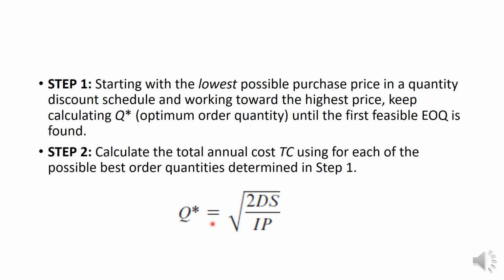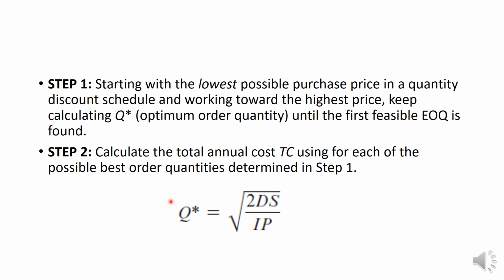The formula of the EOQ is 2DS by IP. D is total yearly demand, S is the order cost, I is the percentage of the holding cost in terms of price per unit. Through this formula we will get the optimum order quantity.